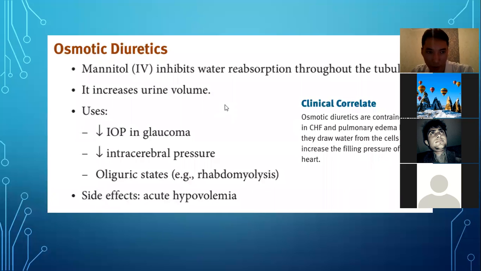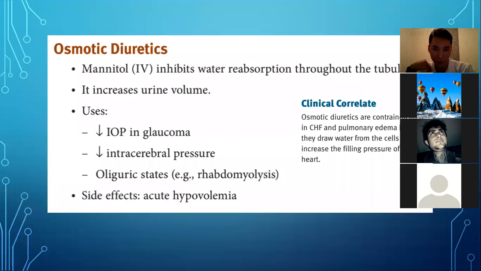Now, a clinical correlate about these osmotic diuretics. They are contraindicated in congestive heart failure and pulmonary edema because they draw water from the cells and increase the filling pressure of the heart.